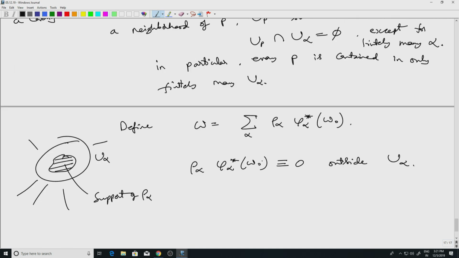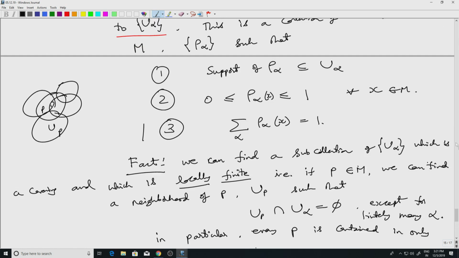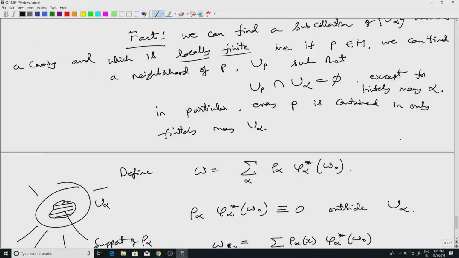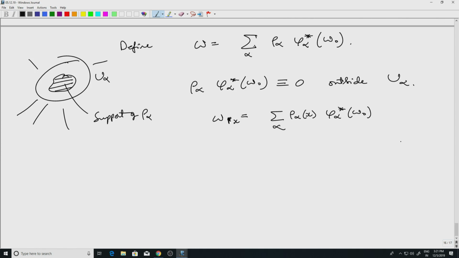All one has to do now is check that this is nowhere vanishing. So if I take a specific point x, omega at x is the sum of rho alpha x times phi alpha star omega naught. Now because of this partition of unity condition, only finitely many alphas will survive for which rho alpha x is not 0.